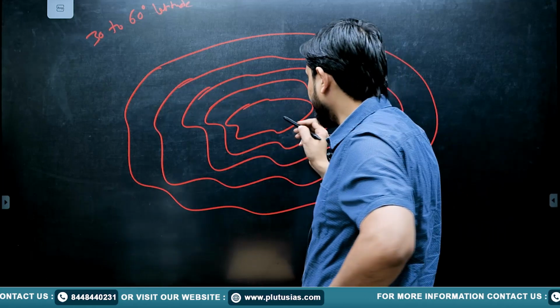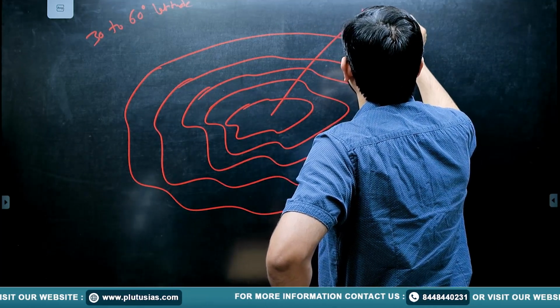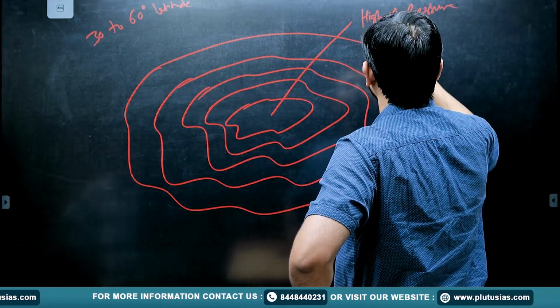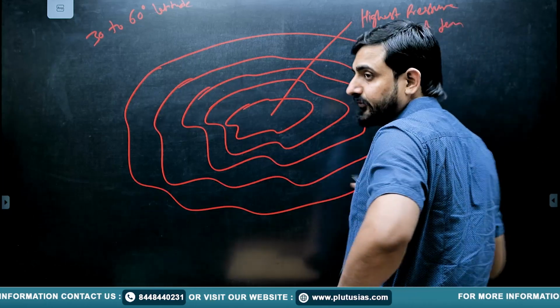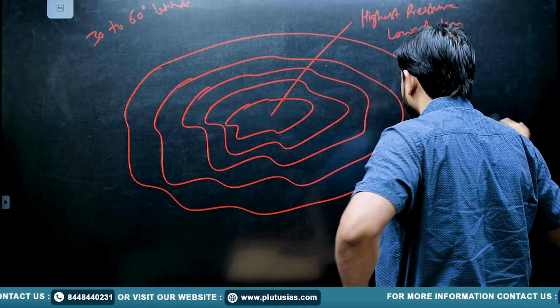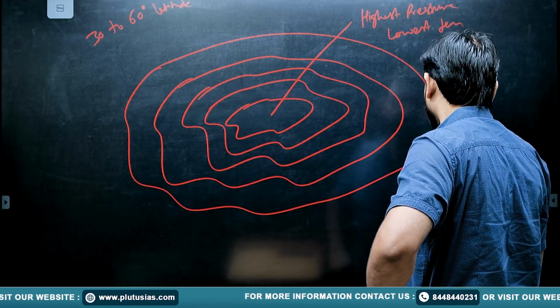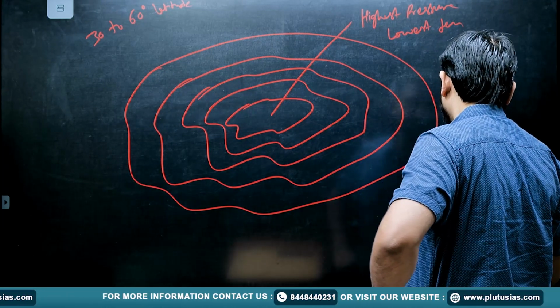What is the mechanism here? At the center you have the highest pressure, which is just the opposite condition, and the lowest temperature. Towards the outside there is a continuous increase in temperature and reduction in pressure, so here you have low pressure and higher temperature.